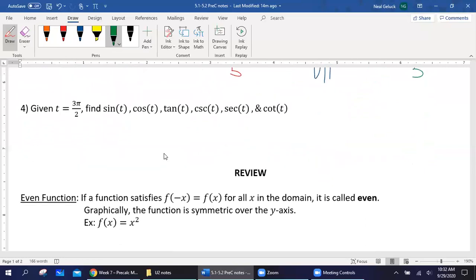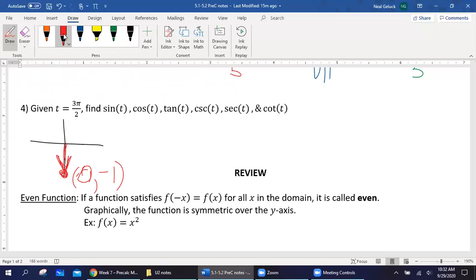For number 4, we're using, again, that idea that the coordinates on the unit circle represent the cosine and the sine. If my angle is 3 pi over 2, okay, we should know by now that 3 pi over 2 is 270 degrees. Remember, if that's a unit circle, that gives me coordinates of 0, -1.